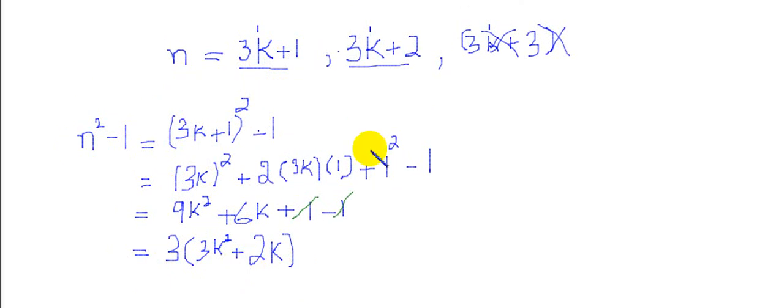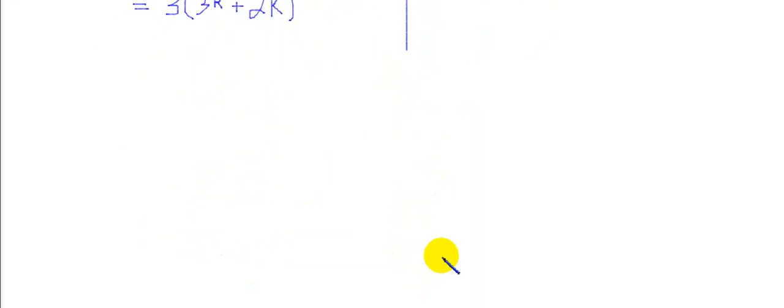So that's one thing. Now let's try the other value, and let's just try it down here so it doesn't get messy. n squared minus 1 equals, now I'll use the second value, 3k plus 2, whole squared, and then minus 1.